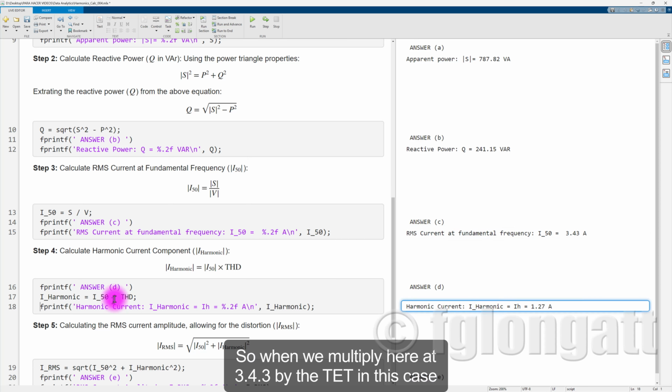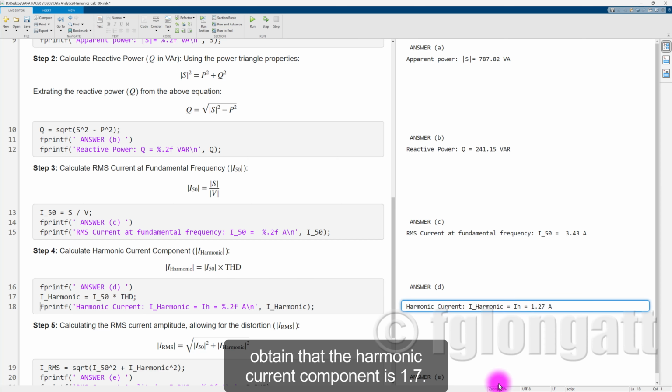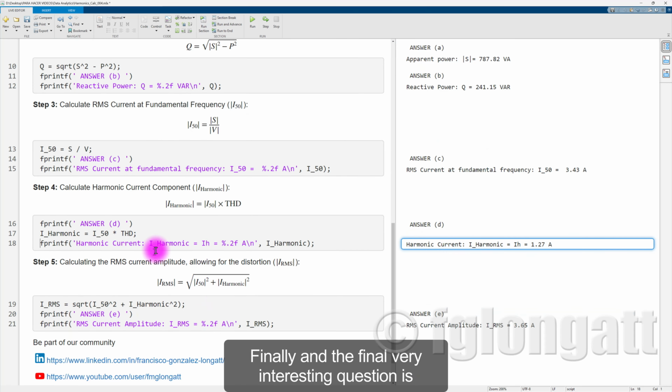So when we multiply here 3.43 by the THD, in this case 0.37, we obtain that the harmonic current component is 1.27 amps.